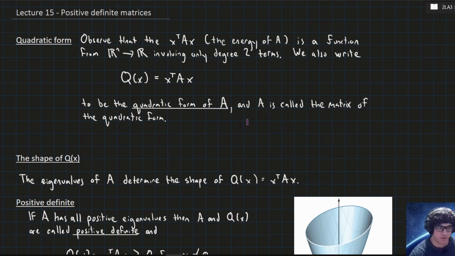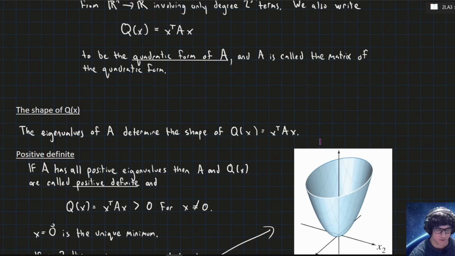Okay, so the eigenvalues of A determine a lot about the geometry and the extreme points of the quadratic form of A. In other words, it determines the shape of the quadratic forms.